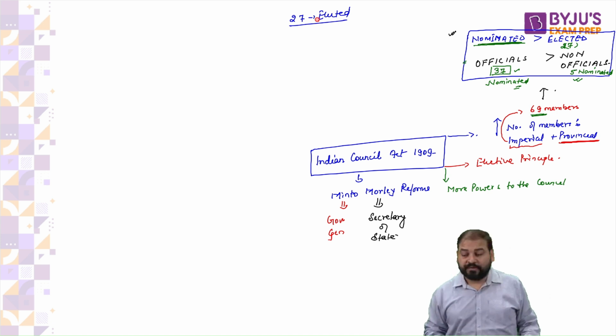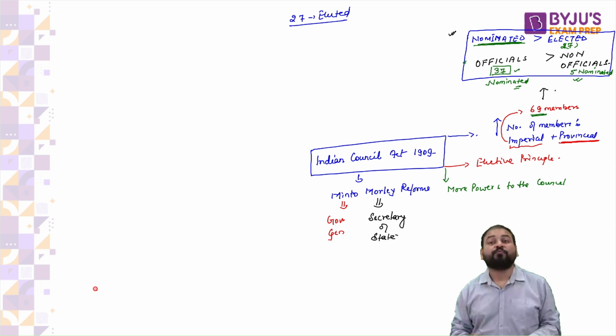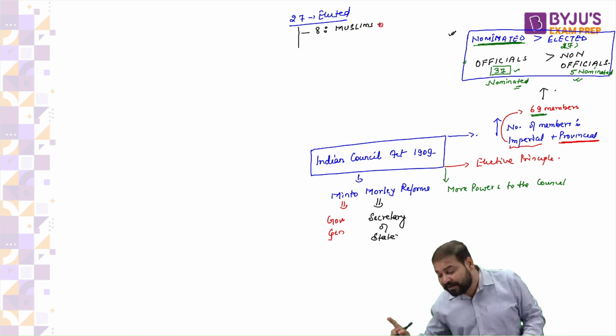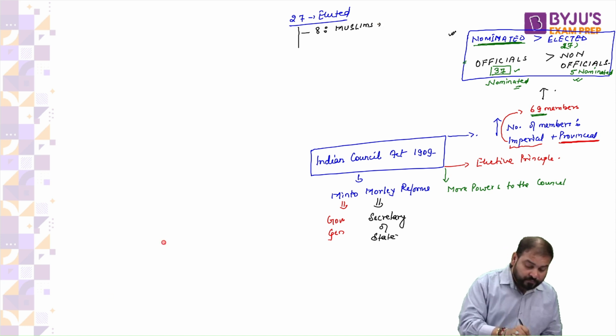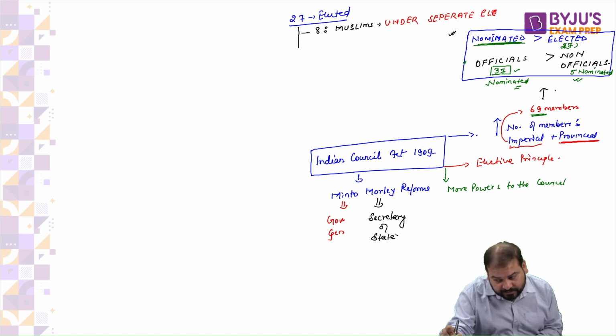27 elected members. Please focus, this is the most important point of this chapter I'm going to teach you. Out of these 27 elected, 8 were reserved for Muslims under separate electorate. Give me 5 minutes, I'm going to come to this separate electorate concept.